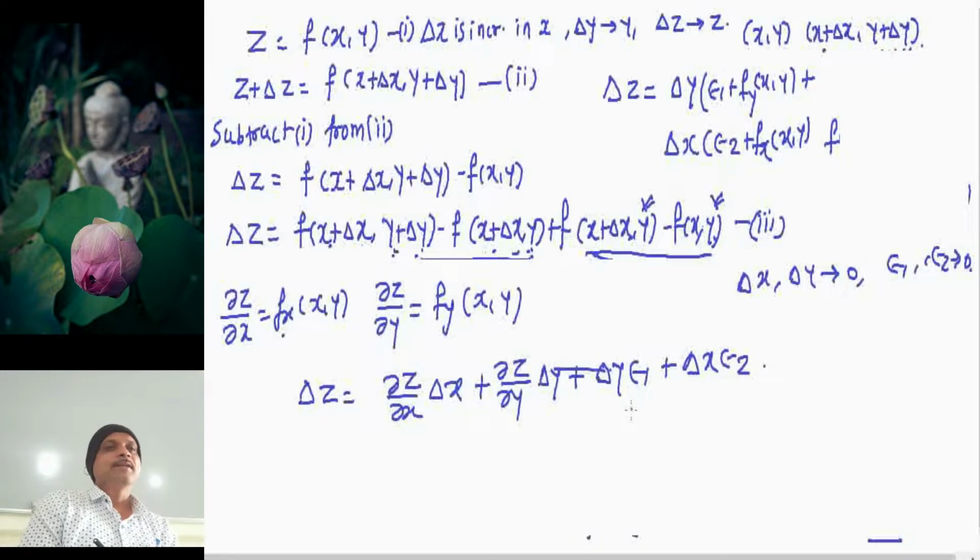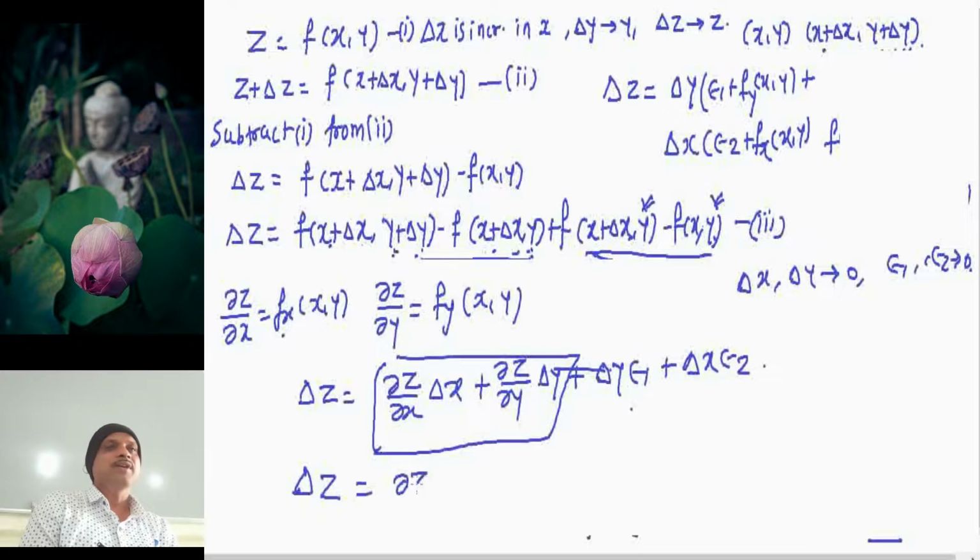Then, whenever this tends to 0, the first part of this is called the total differentiation of this function, and we have Δz equal to ∂z/∂x into Δx plus ∂z/∂y into Δy.